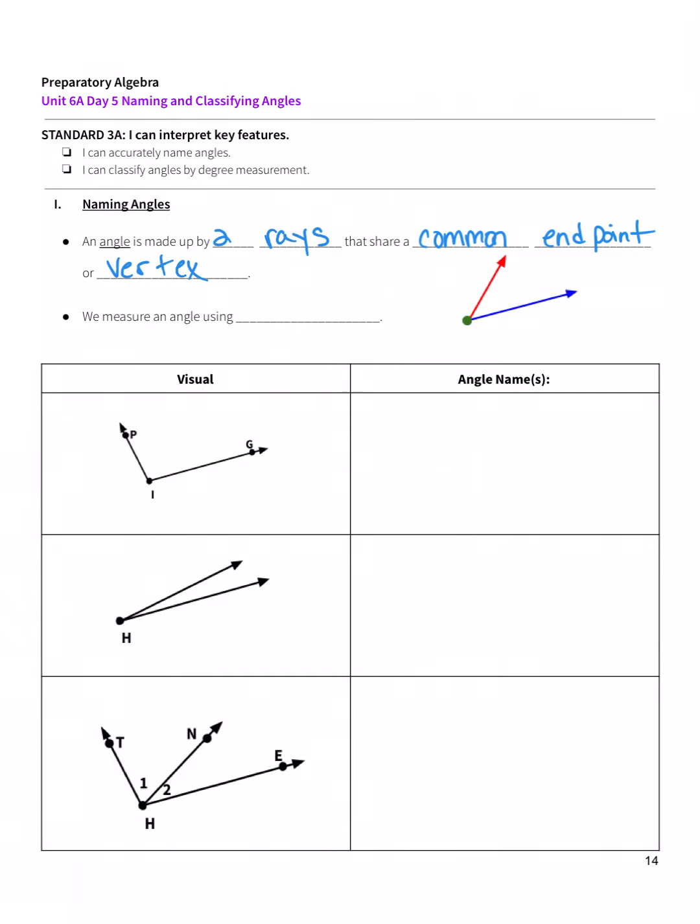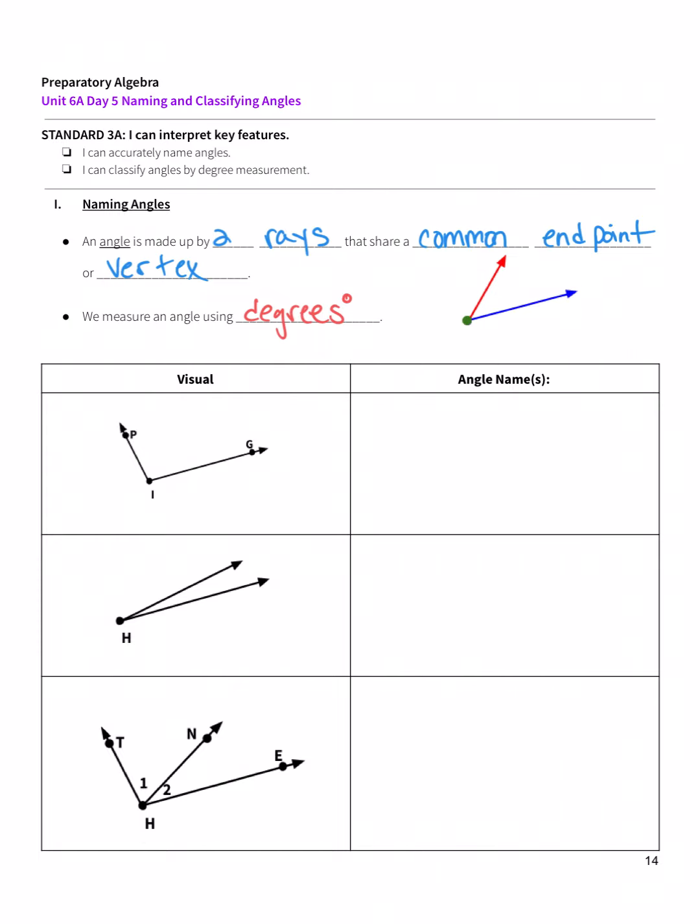And we measure an angle using degrees. So when we measure an angle, we say it's so many degrees, just like if we're measuring the length of something, we might say it's so many feet. Or if we're measuring liquid, we might say how many gallons. So when we're talking about an angle, we measure it in degrees.